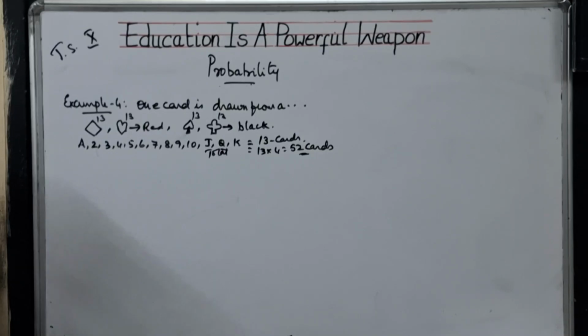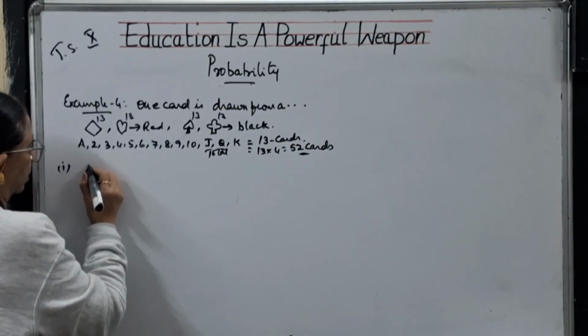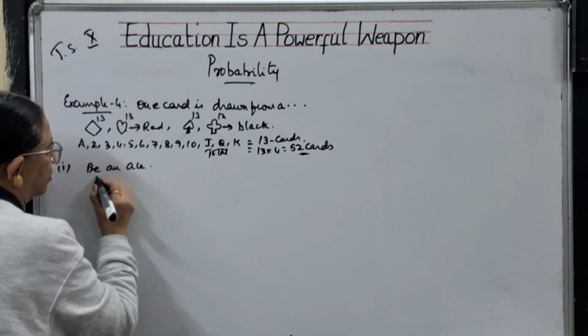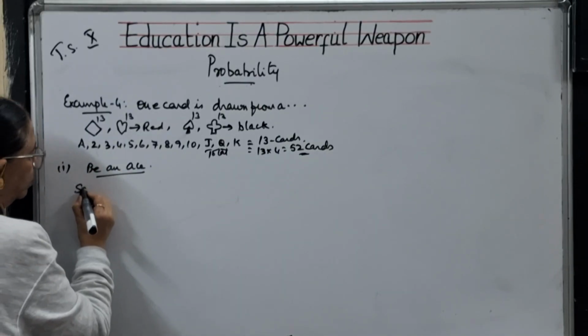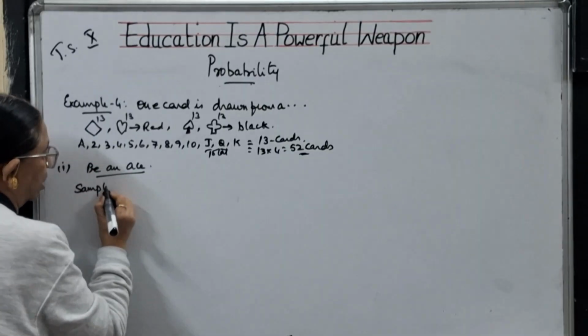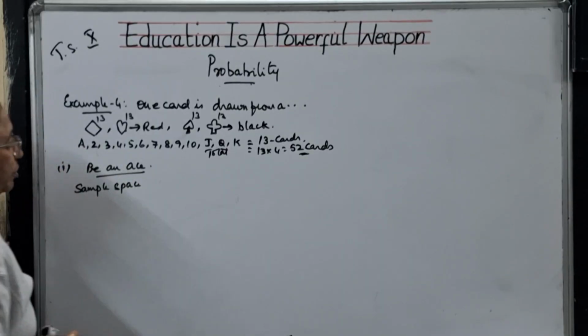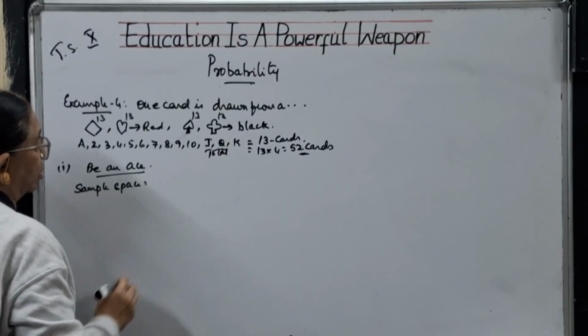Now the problem. The first part is that they are asking for an ace. So what is the sample space? Let us write, children. In the sample space you have a total of 52 cards.